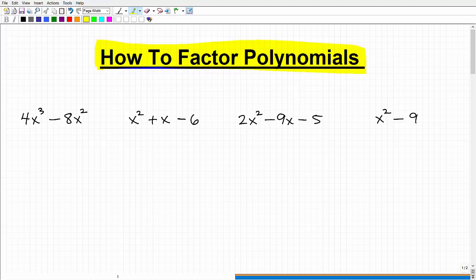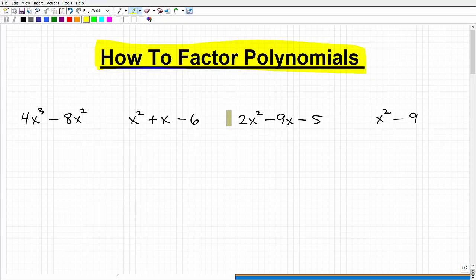Now, before you can factor a polynomial, you have to make sure that you can multiply polynomials. If you don't know how to multiply two polynomials together, like using the FOIL method or the distributive property, then you're going to really struggle factoring polynomials. And additionally, if you can't factor polynomials, it's going to be impossible for you to pass your algebra class or whatever other math class you might be doing if it involves algebra.